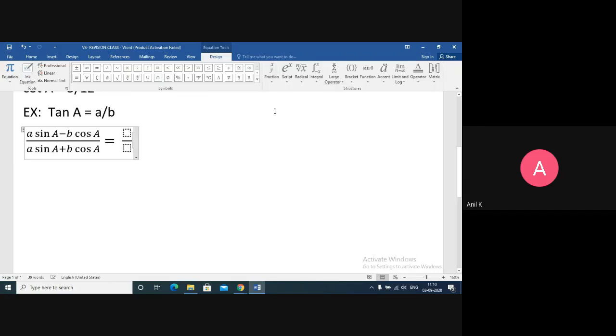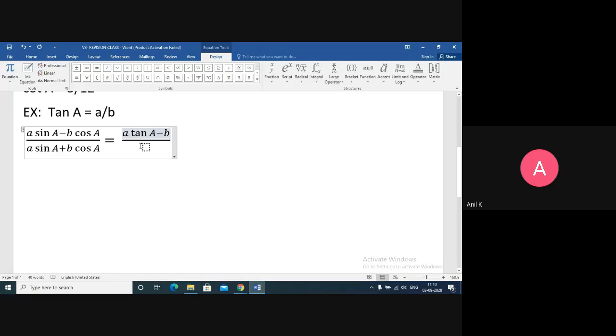So what we do here is divide each and every term with cos, because tan A value is known. So I will try to convert everything into cos. What you will get is A sin A upon cos A, which is A, minus B into cos A upon cos A, which is 1.